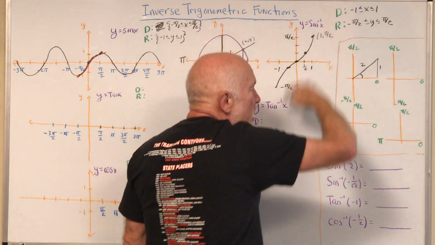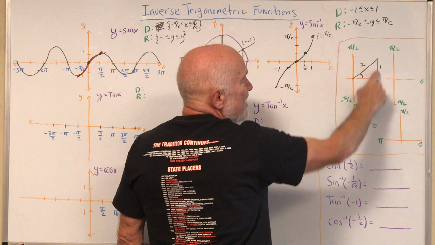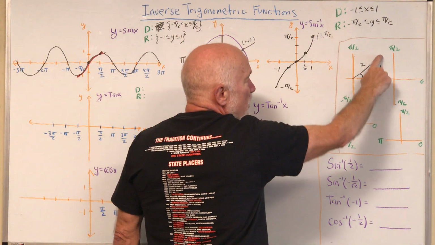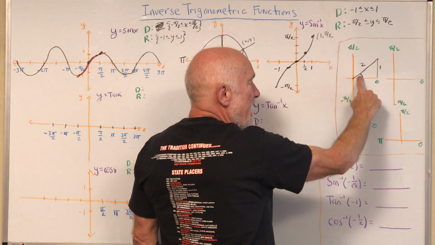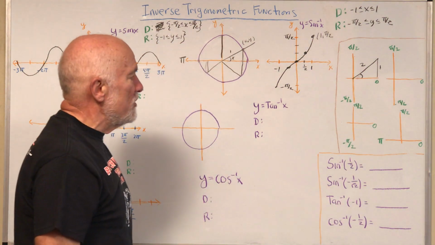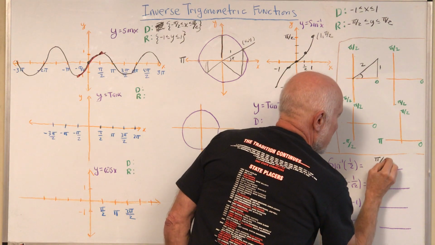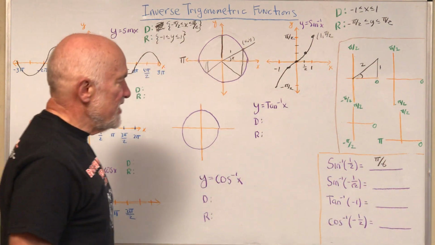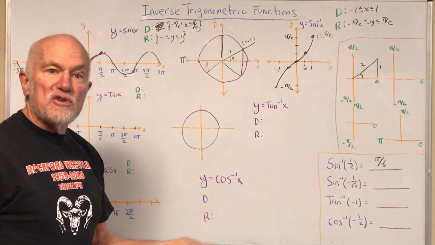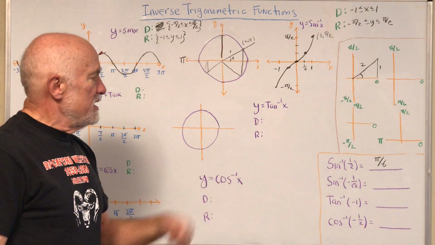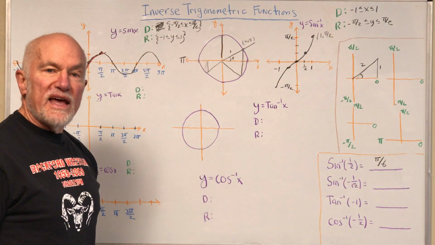I'm not actually drawing in the circle, and I'm not even making it a unit circle because to me it was easier to make this side 1 and this side 2. In any case, we know from geometry that's a 30-degree angle, or pi over 6, and we've got our answer. Because when you do calculus problems, you're going to come out at answers that turn out to be the inverse sine of 1/2, and you have to be able to quickly figure out what that number is.